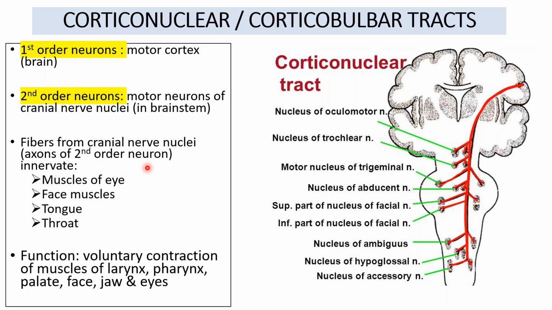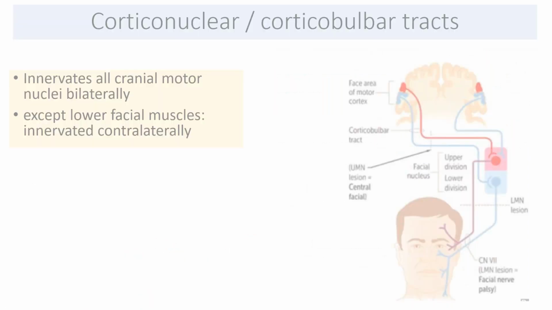These fibers of the cranial nerve nuclei innervate the muscles of the eye, the facial muscles, the tongue musculature, and the throat. So they are involved in voluntary contraction of muscles of the larynx, pharynx, palate, face, jaw, and eyes. Here the reflex that is checked is the jaw reflex. So these are primarily the head and neck muscles, which are supplied by the corticonuclear tracts.